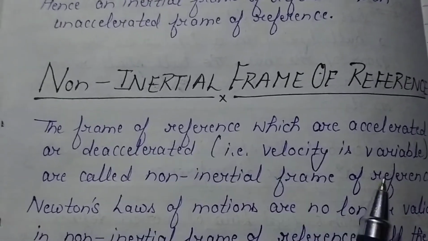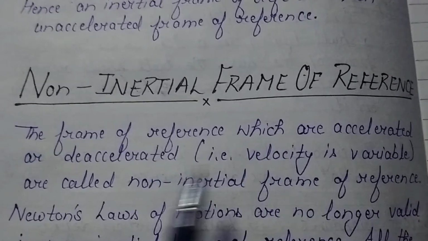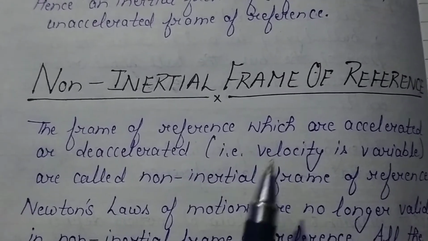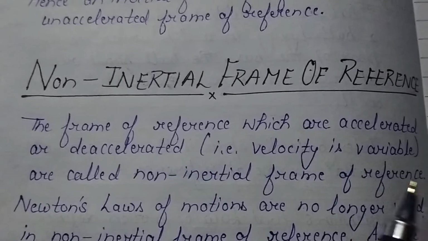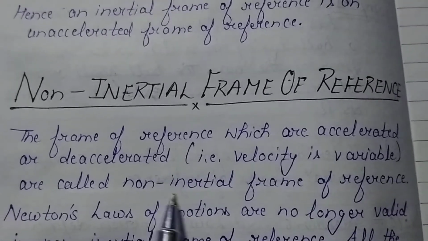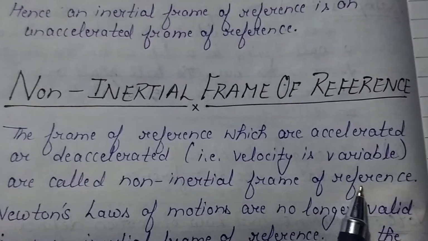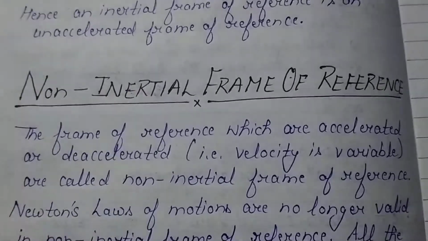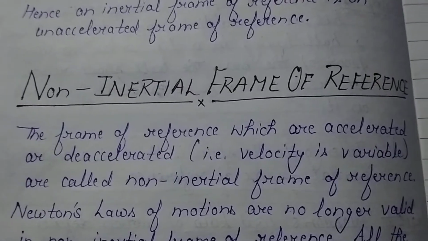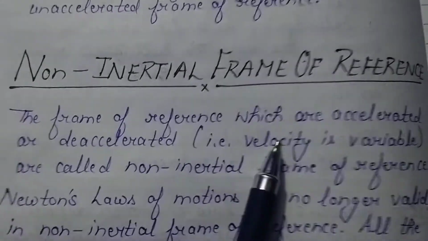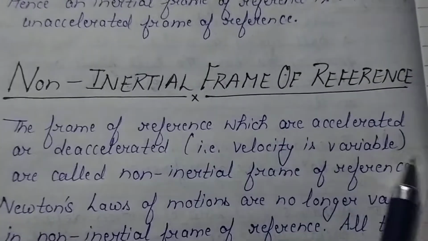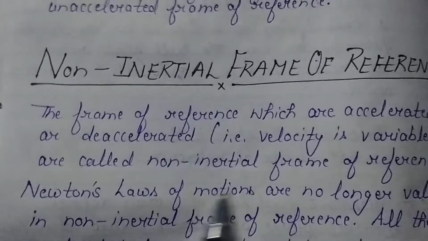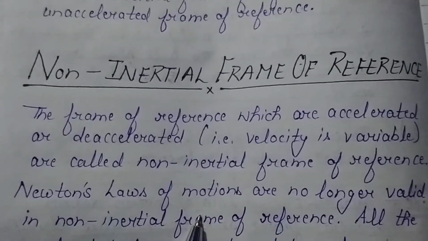Second, we will discuss the non-inertial frame of reference. The frames of reference which are accelerated or decelerated, that is, whose velocity is variable, are called non-inertial frames of reference.